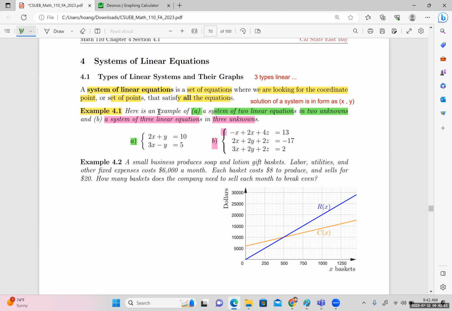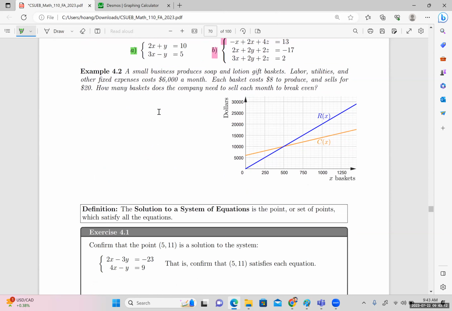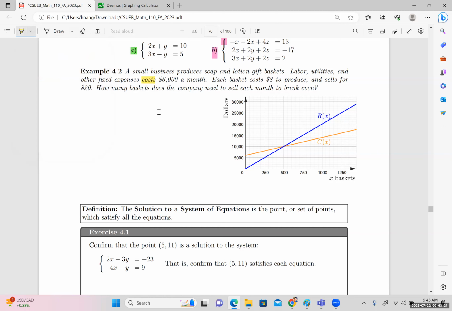All right, so let's look at an example, which is an application of a system of linear equations. A small business produces soaps and lotion gift baskets. Labor, utilities, and other fixed expenses cost about $6,000 a month.